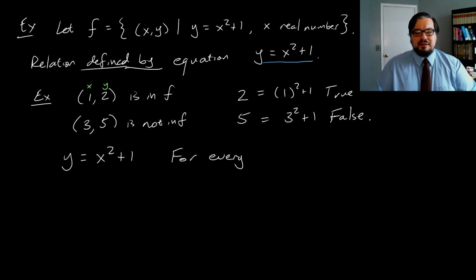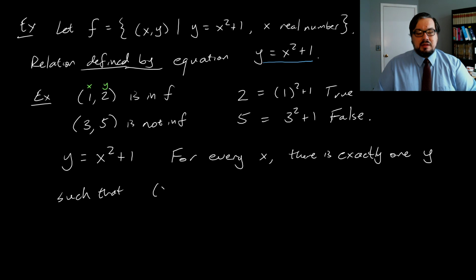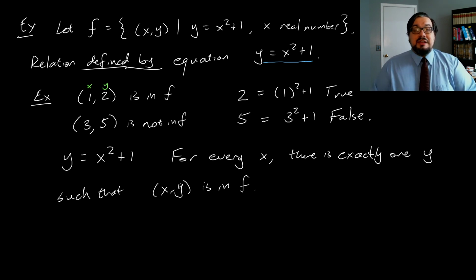For every x, there is exactly one y such that x, y is in F. And the reason for that is because once I choose an x, then the only y that will make the pair x, y lie in F is the y value of x squared plus 1.